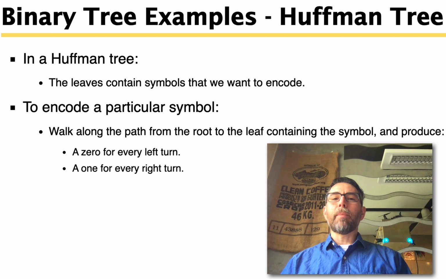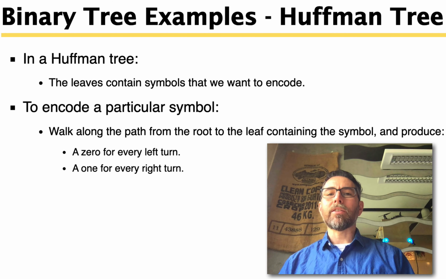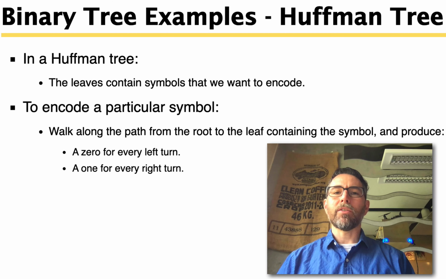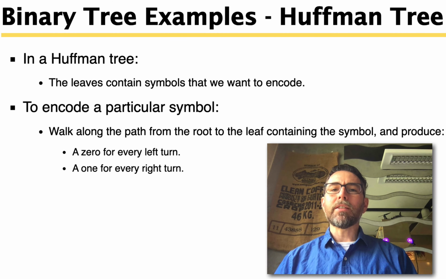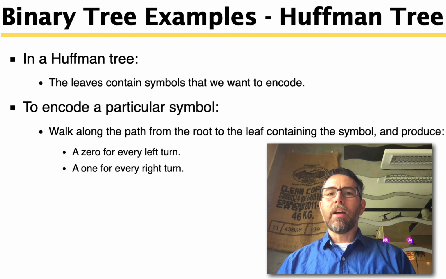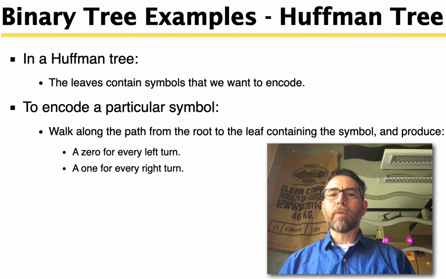And we'll talk about wanting to represent the characters in that text with ones and zeros like we already do, but we're not going to use the same length of ones and zeros. So in a typical UTF-8 representation of a text file, each character takes either 8 or 16 bits in order to represent it. In a Huffman tree, we can use a variable number of bits to represent that letter.